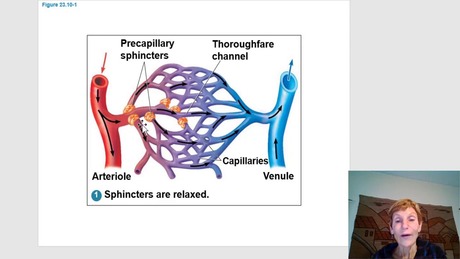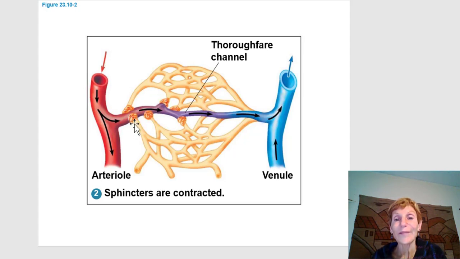Okay, and so right now they're open, blood goes through all the capillary beds, but you can also close it, and if they clamp down, then the capillary beds don't get the blood. Instead, it goes straight through what they call a thoroughfare channel, right back to the venule and right back to the heart. So you completely bypass that capillary bed by clamping down on those precapillary smooth muscle rings.